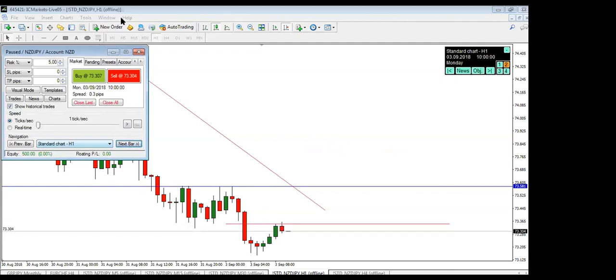Okay, so now I'm looking at this candle over here. This looks like it formed a lower low. This was our high, and I need to see on an M30 what it looks like.